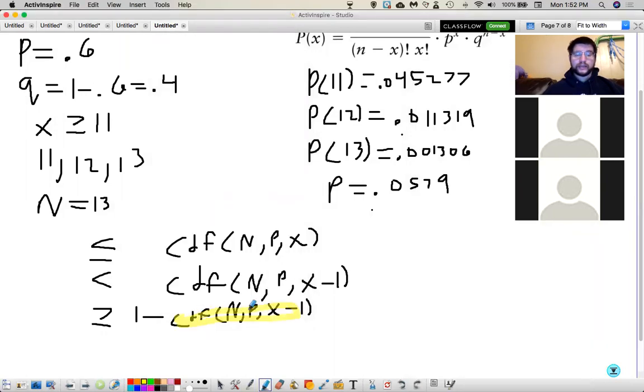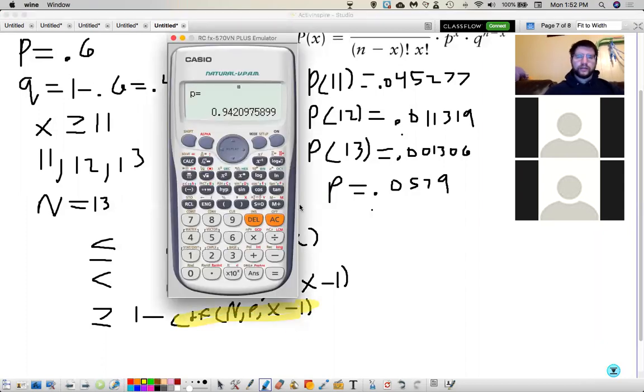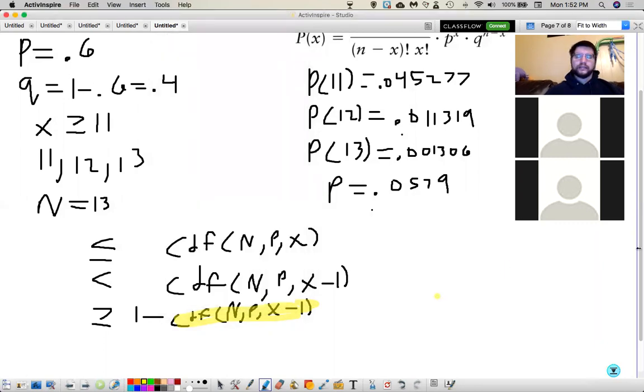I still need to do 1 minus that answer. So go back to mode 1. There you do basic calculations. Do 1 minus your answer. There we go, 0.0579. Ta-da. So I'd highly advise just using the calculators.